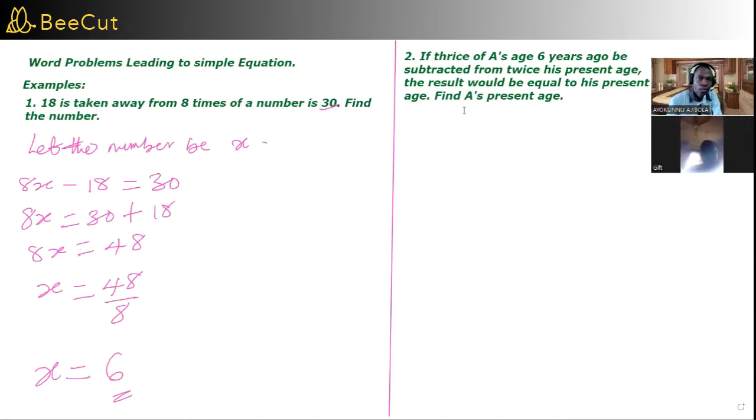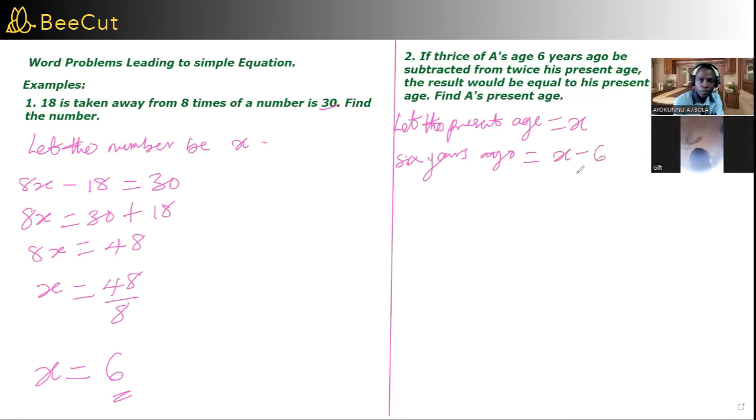So let the present age equal X. So 6 years ago, the age was X minus 6. That's what we can deduce from the question.